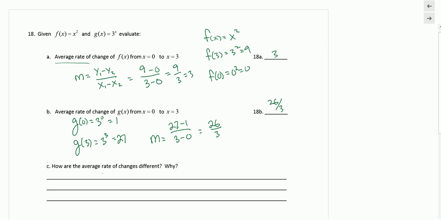So we can write, these are different kinds of functions. f of x is quadratic, and g of x is exponential.